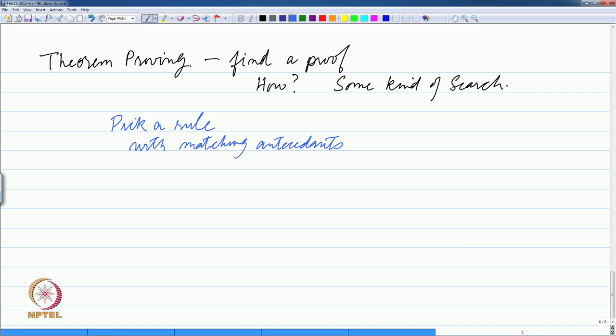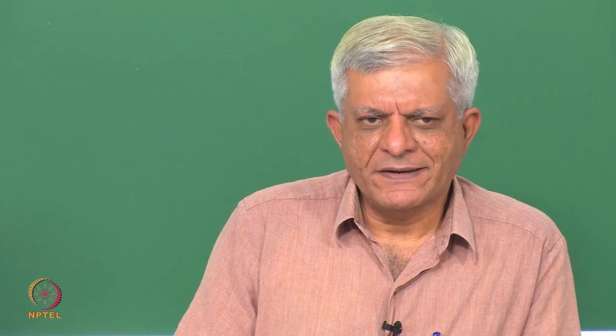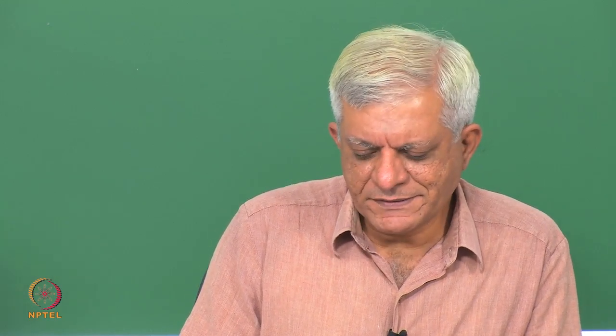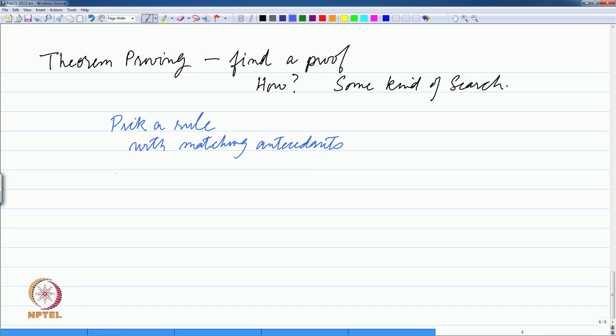So, if you can find a rule which has those parts present in the knowledge base, then we add the consequent to the knowledge base. So, antecedents are in the knowledge base.